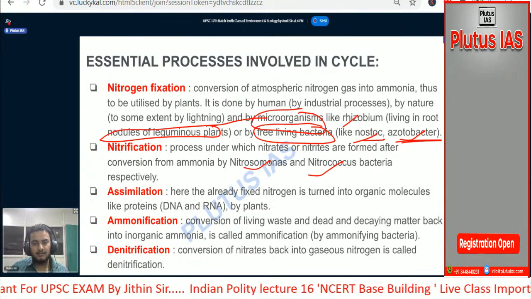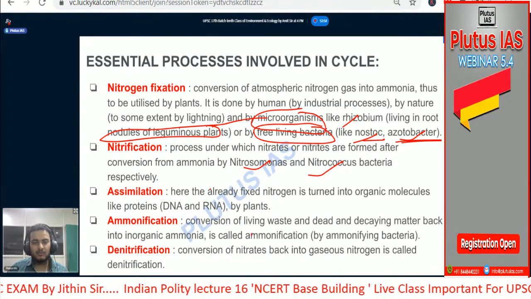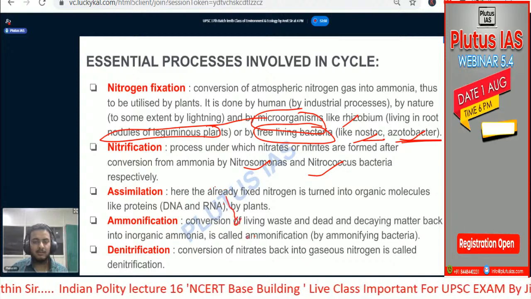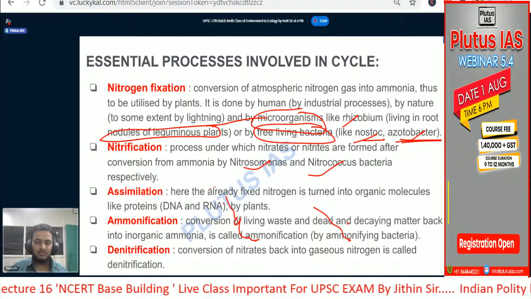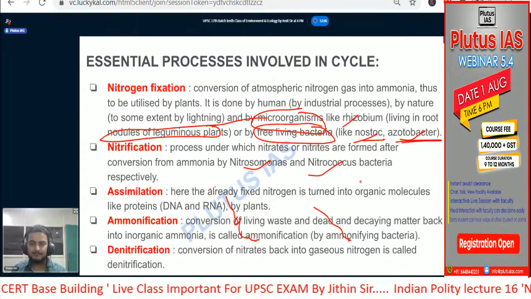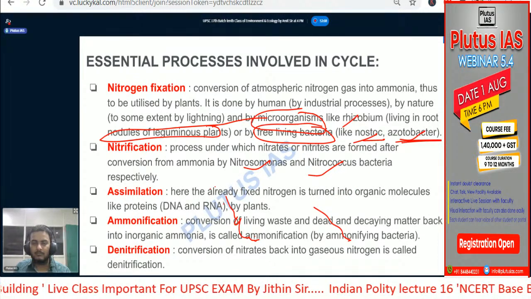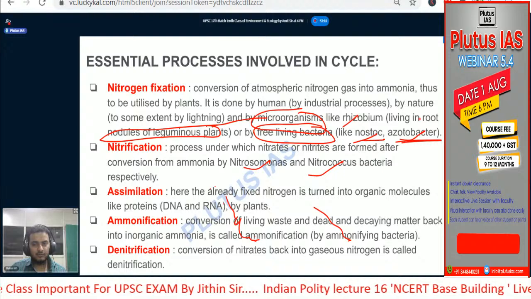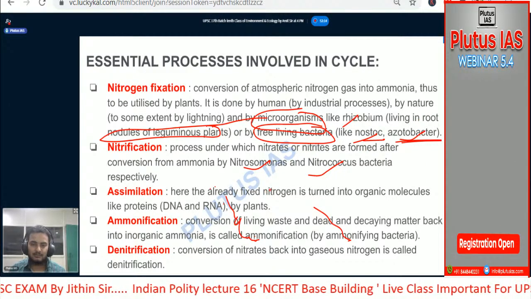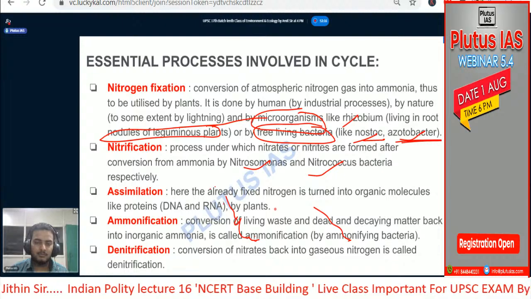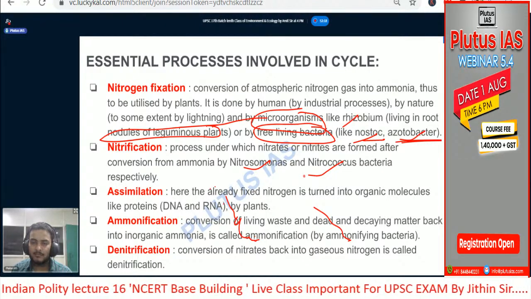It is important because they are asked. They may ask you how many of these are nitrifying bacteria and how many are denitrifying bacteria, mostly in prelims. You must know the functions of these bacteria or algae. Algae and bacteria both do these kinds of conversions, right?